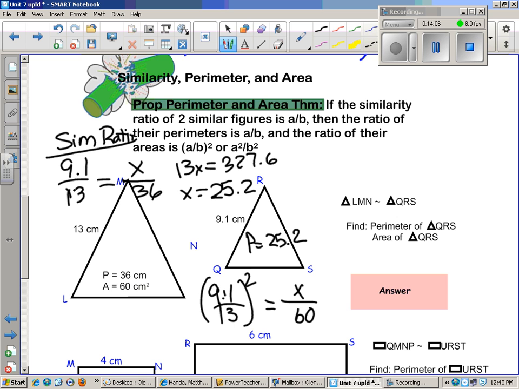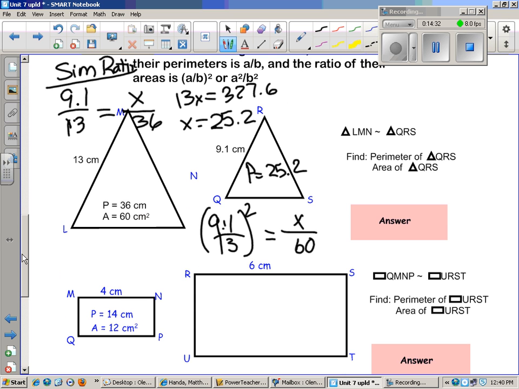Okay? You'll notice, did I square the area? No, because it's already in square units, so I didn't have to. So I took the similarity ratio and squared it, and that ratio is going to be the same as the ratio of the areas of the figures. Okay? I know this is, like I said, kind of the harder of the two things we had to learn today. All right?